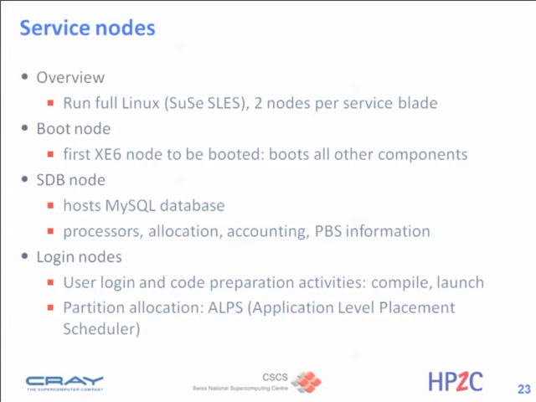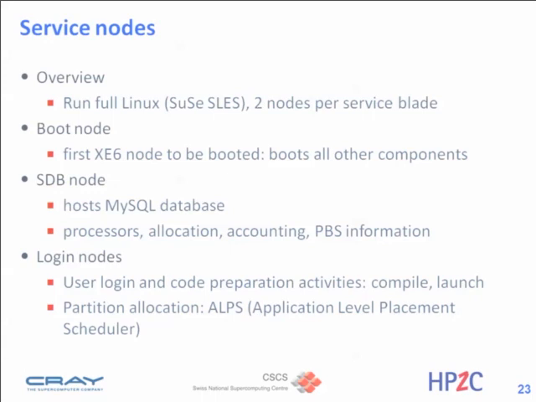Here is a list of nodes. The boot node is the first node that is booted when the machine is booted. This is the first node that boots all the other components. There is an SDB node that hosts a database which contains information for the applications that are running, when they started, the kind of resources they required, and this kind of thing. And login nodes, as I said before, the nodes where you log in to compile and launch the application.